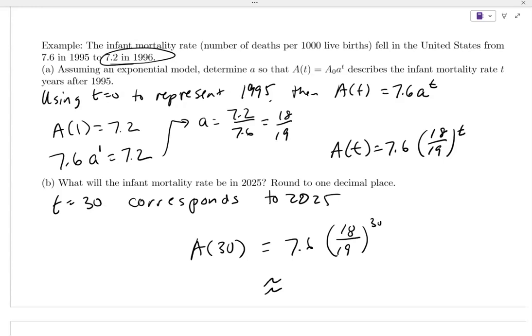What do we get in that case? 1.5? So notice that our process in every single one of these problems is to try to figure out the two values and then use our model from there. That's okay?